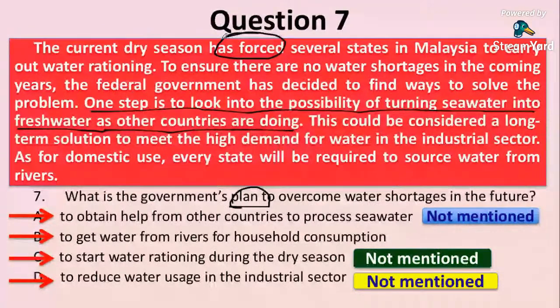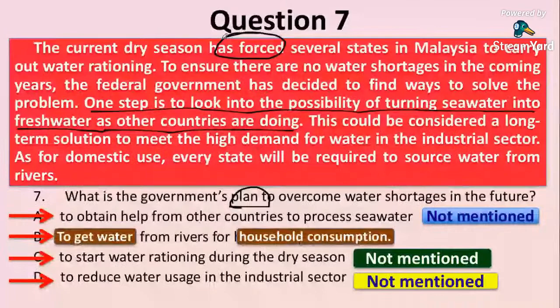And what is the keyword that will show you that this is actually the correct answer? So, to get water, household consumption. A lot of us don't know the difference between household consumption and domestic use. Do you know that it actually means the same thing? Domestic actually means house. So domestic use means that you use the water for your shower, for your cooking, for cleaning the house.